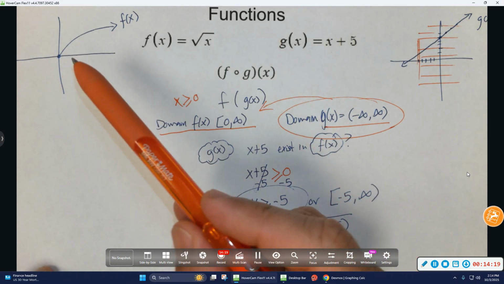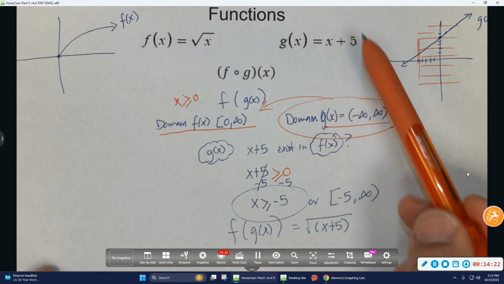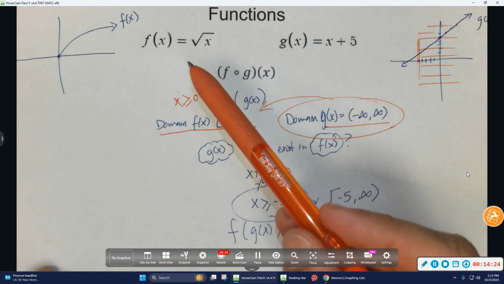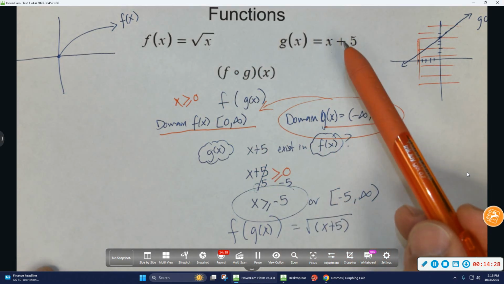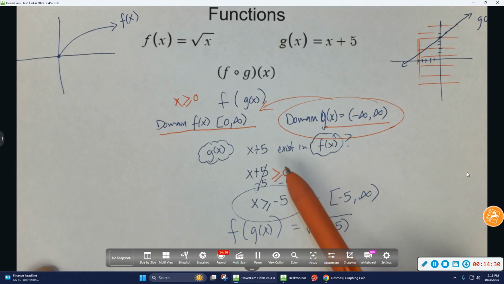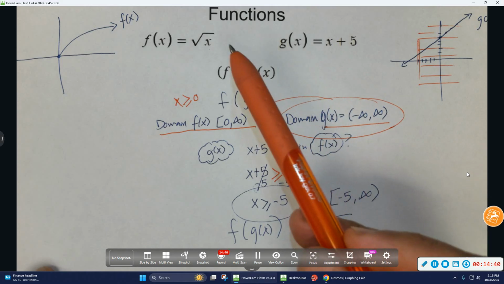But since it's not, I have to figure out, when does this equation work in this scenario? So I say x plus 5 will only work for when it's positive for f of x. So when I solve for x, it tells me that x must be at least negative 5 in order for this function to exist in this function.